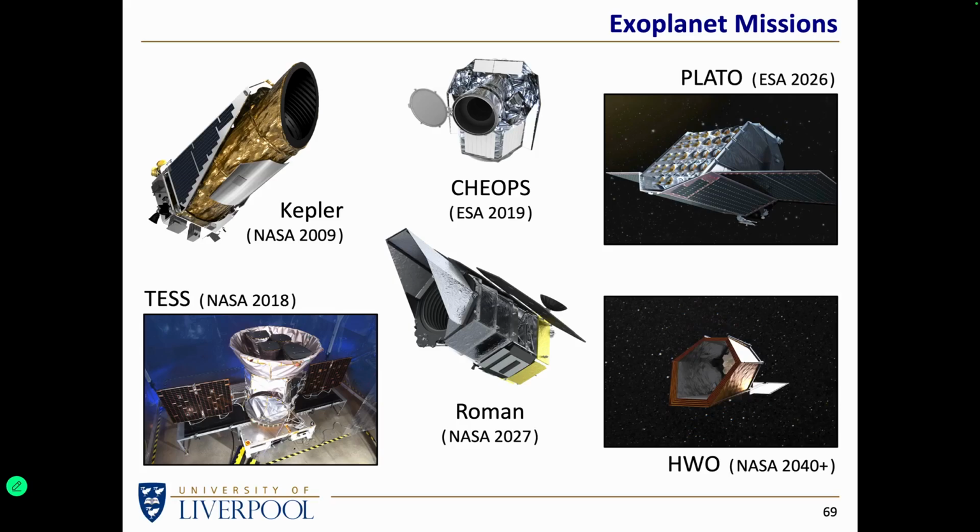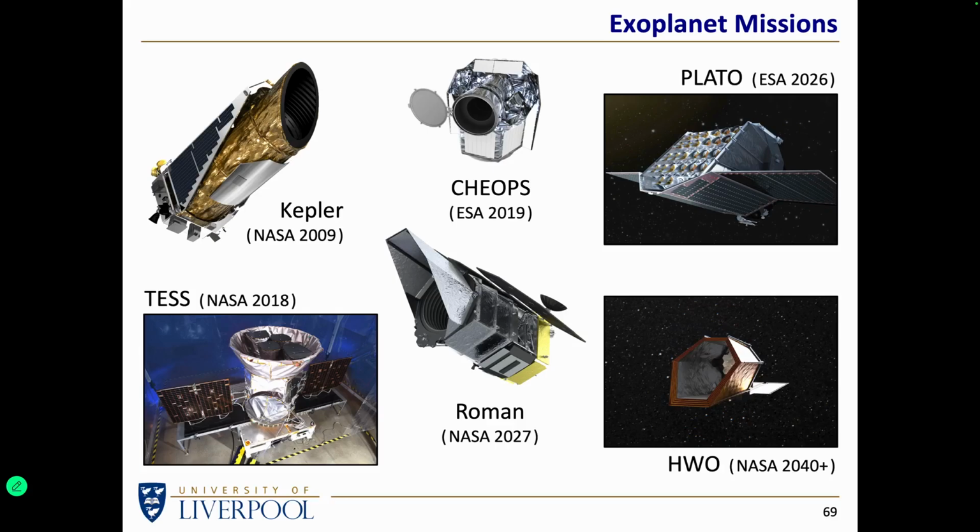But there are a number of telescopes that are designed to find planets as well as to study them in more detail. Kepler, back in 2009 in the top left, has found thousands of exoplanets by looking for transits, looking for the dip in light to see whether or not planets exist.